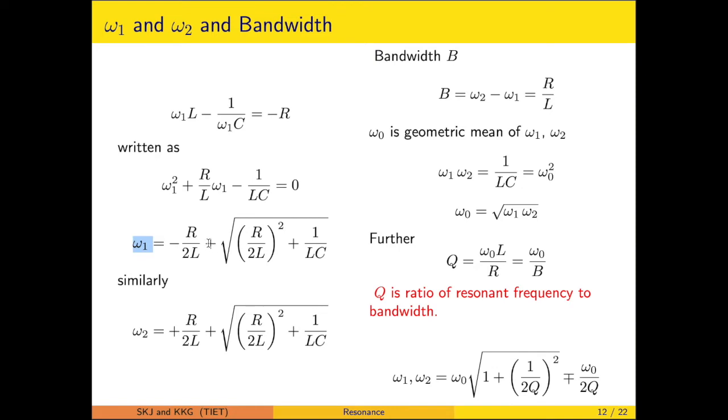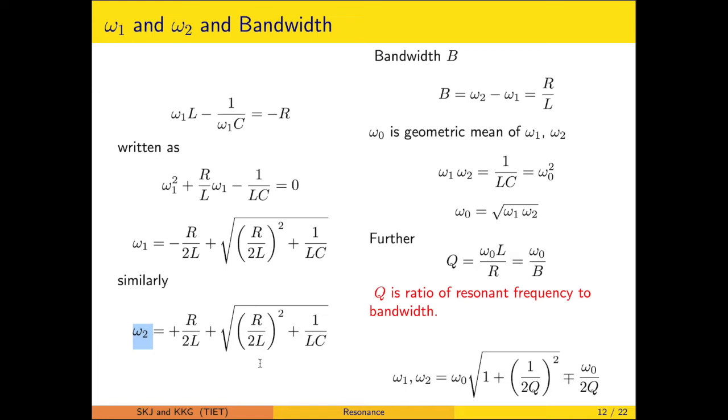The minus sign is to be discarded because the frequency cannot be negative, so only the plus sign is considered. So omega 1 is expressed as minus R upon 2L plus root of (R upon 2L) square plus 1 upon LC. Similarly, you can calculate omega 2 while considering the positive sign on this side.